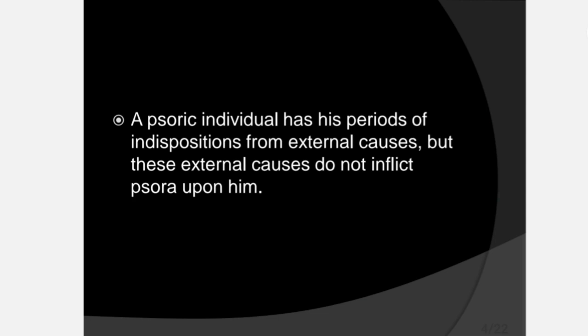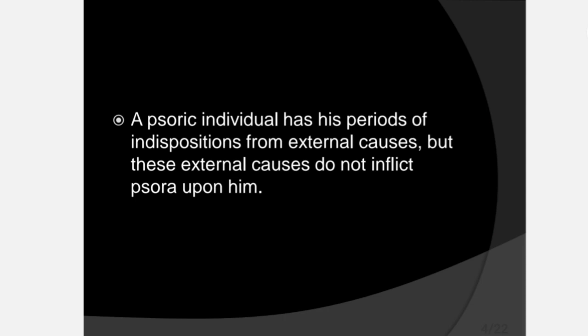A psoric individual: in chapter 5 we read a short description about psora, and psora is the contagion of all, the king of contagion. So we are all psoric individuals, because in chapter 5 of Kent's philosophy, Kent has given the actual definition according to Hahnemann about psora.